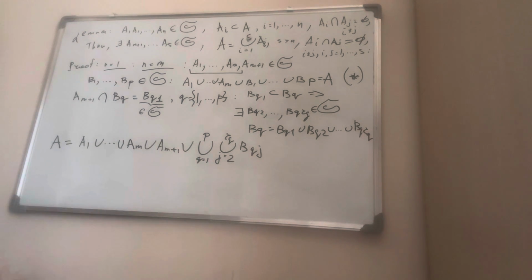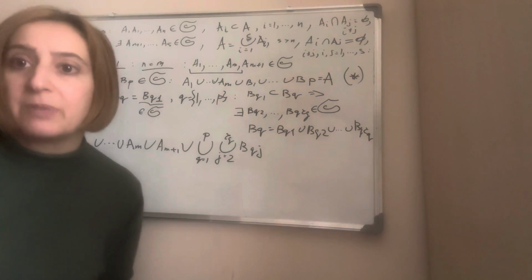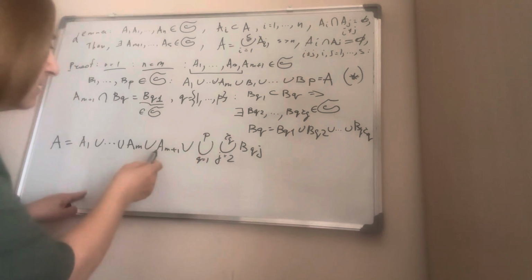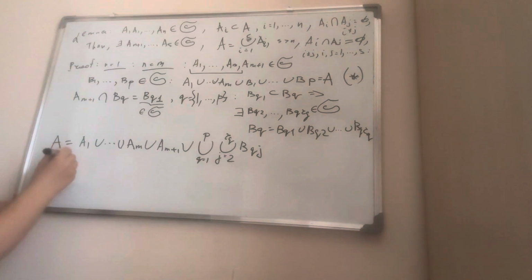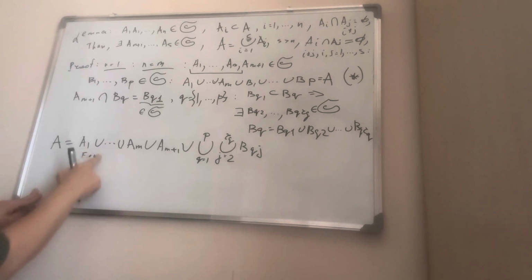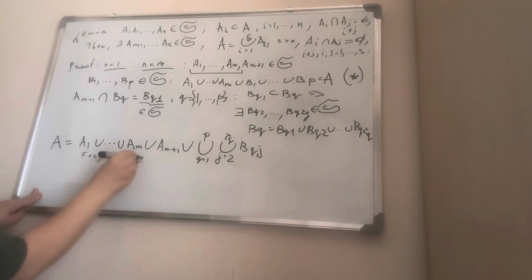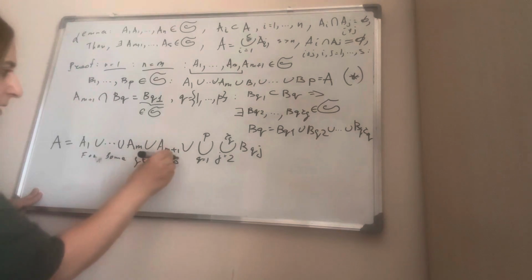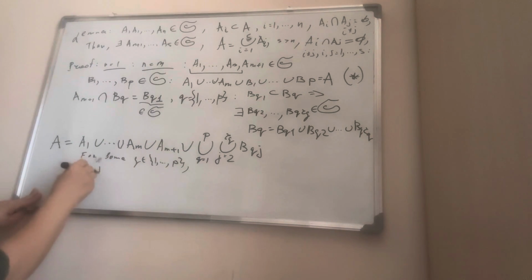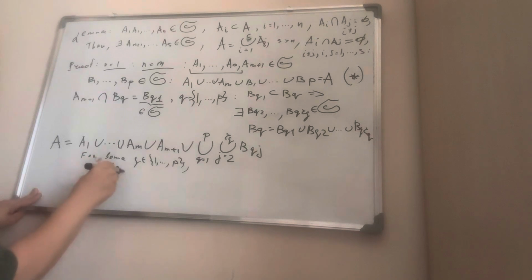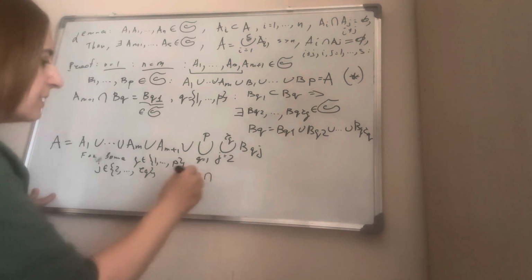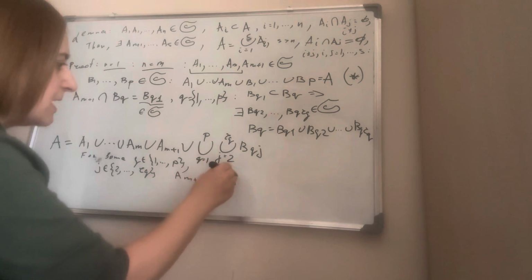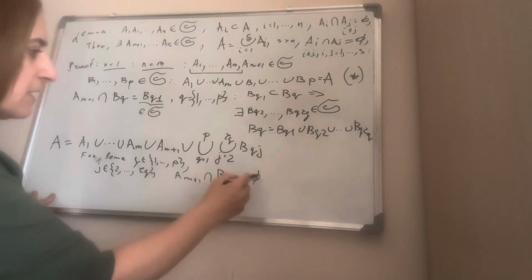The only thing which is left to see is that Am+1 and all of these Bqj are mutually disjoint. So let's assume that for some q from 1 to p, and for some j from 2 to rq, Am+1 intersected with Bqj is not equal to the empty set.